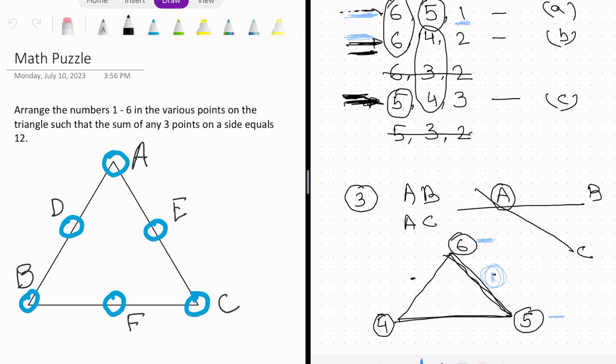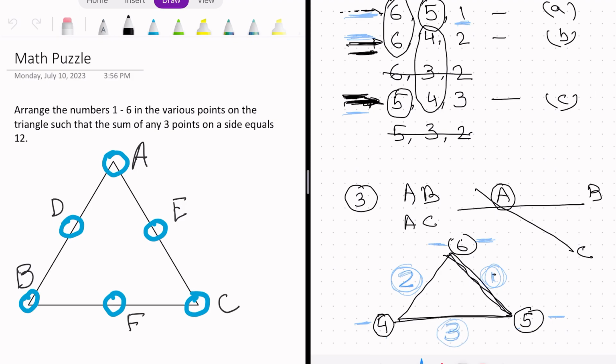Now I have 6 and I have 4. The only combination that's possible with 6 and 4 is 6, 4, and 2. So this must be 2. That leaves the last line, which is C, 5, 4, and 3. And I know 5 and 4 are the two ends, so this number has to be 3.